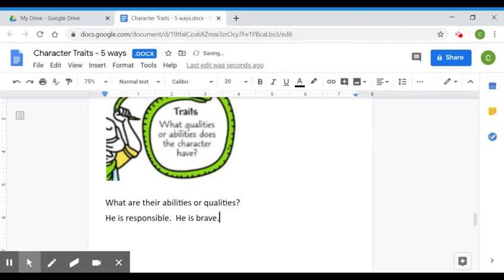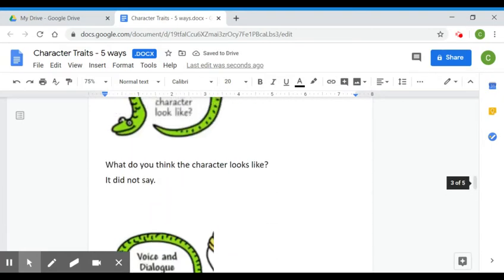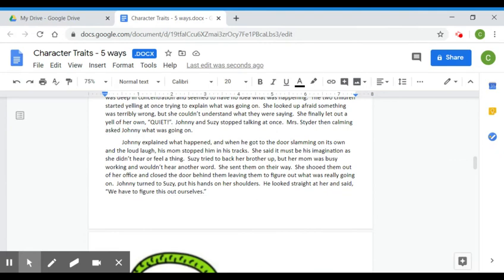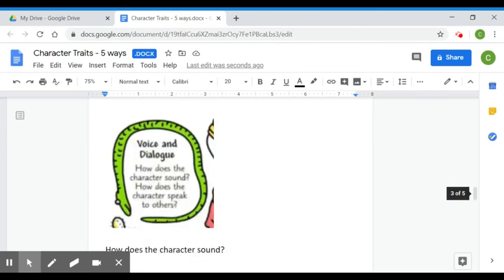How do I know he is brave? Well, he looked straight at his sister and said, we have to figure this out ourselves. Rather than run away, rather than go and hide in the closet, Mr. Johnny says, we have to go figure this out ourselves. I think that's a brave thing to do.